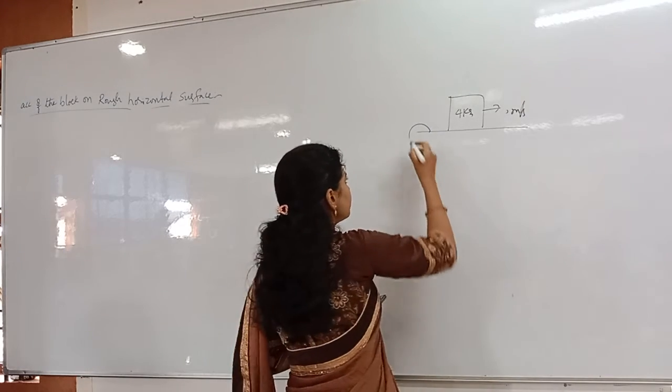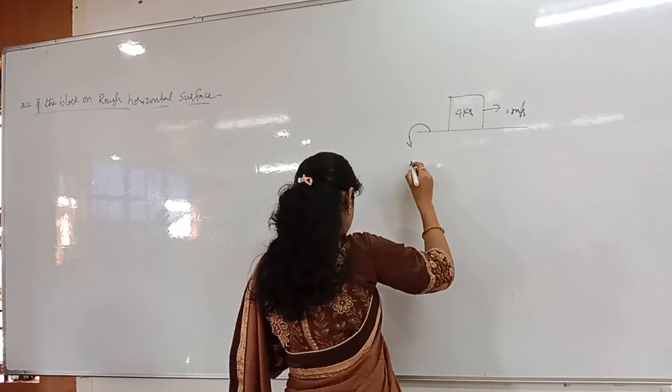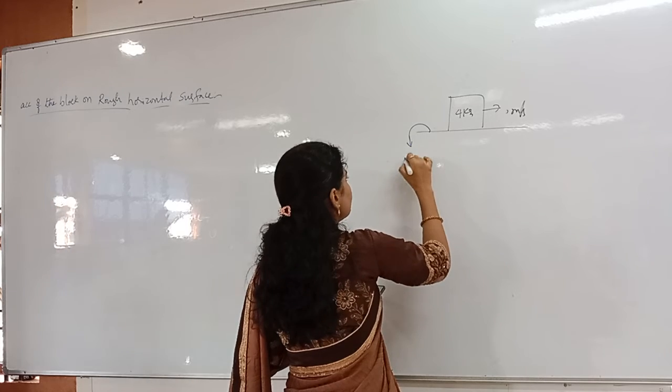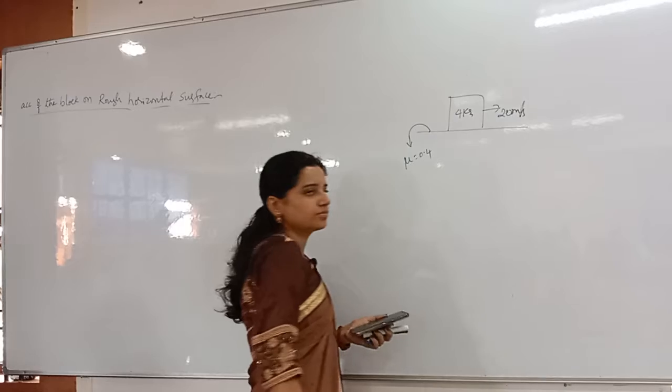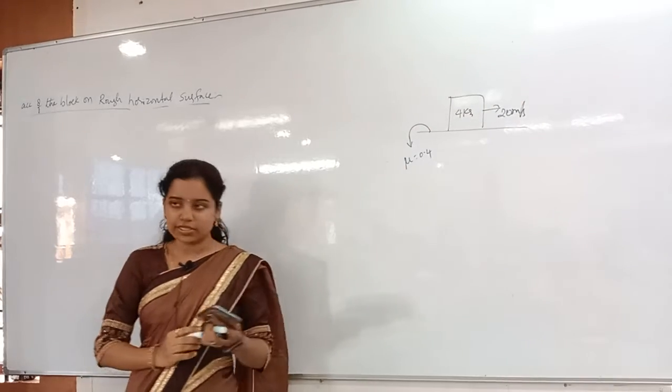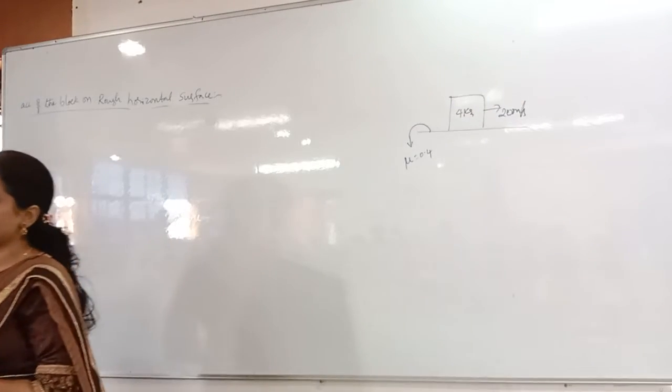The coefficient of friction is 0.4 and the speed is 20. You have to find the distance traveled by it in 6 seconds.